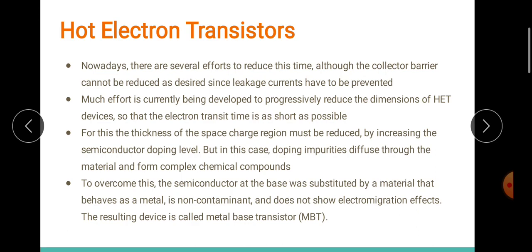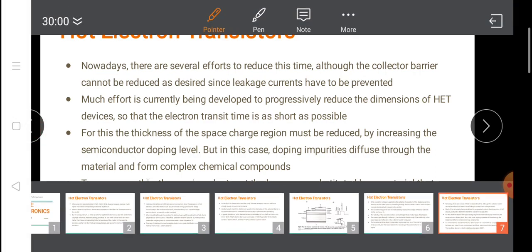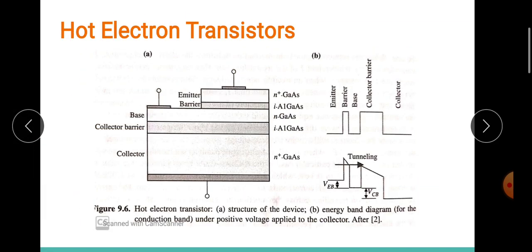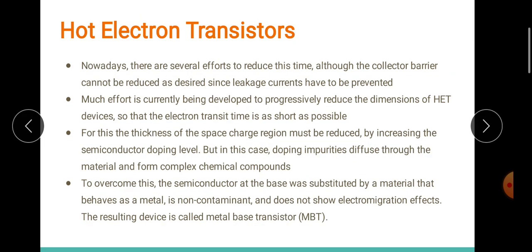So in order to overcome this problem, what the researchers proposed was that let's substitute the semiconductor at the base. In a figure, we have this base region. Let's substitute the semiconductor at the base by some other material.